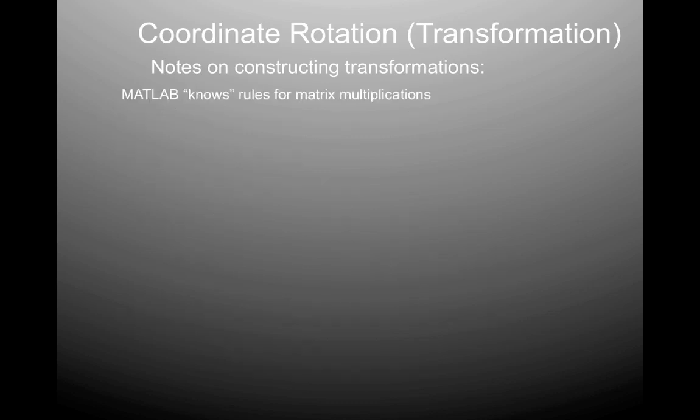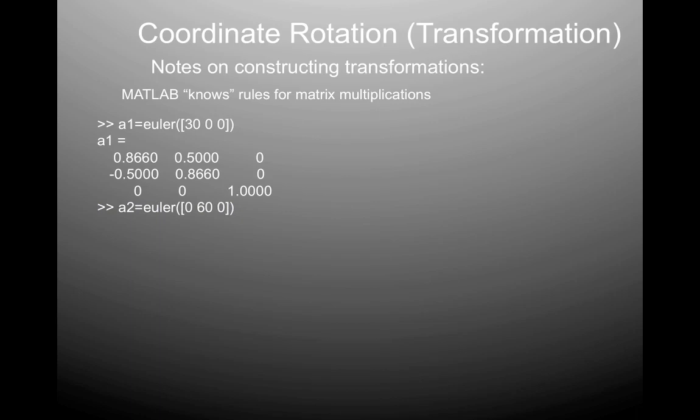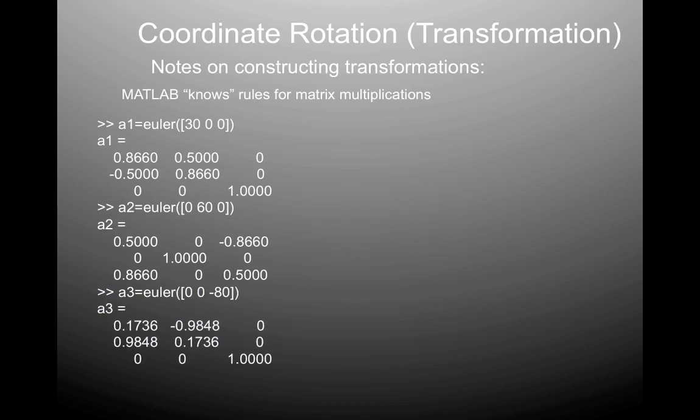Now, MATLAB knows rules for matrix multiplication. So I'll show this by letting you work through this example. Let's define a transformation matrix A1 as Euler and only one rotation, the first alpha angle. That returns A1 looking like this. If I type in A2 with a rotation in the beta location, that will give me this matrix. And if I type in the third angle and 0 for the other two angles, I'll get this matrix.